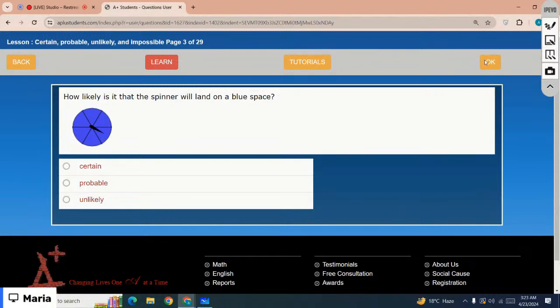How likely is it that the spinner will land on a blue space? Which is the correct option?